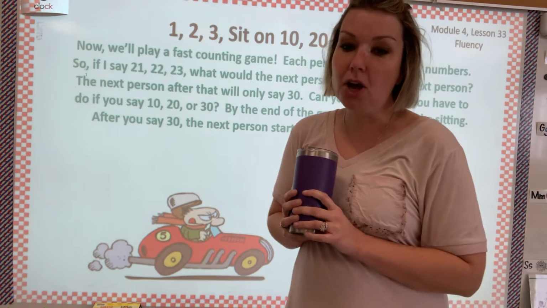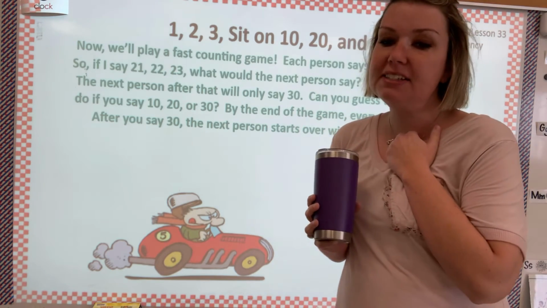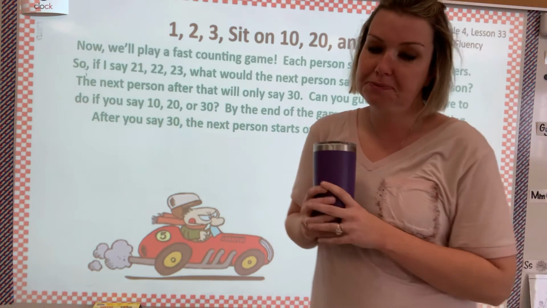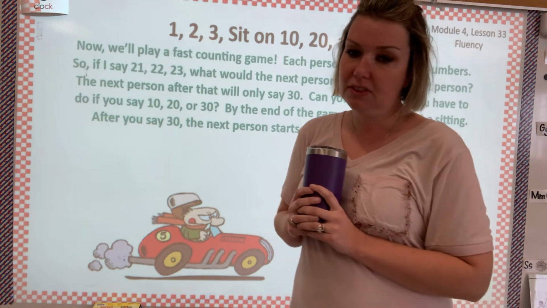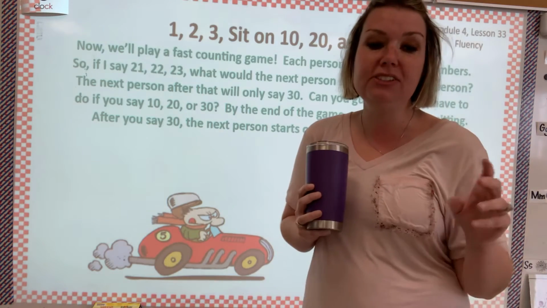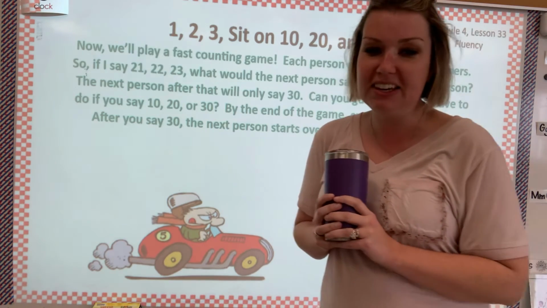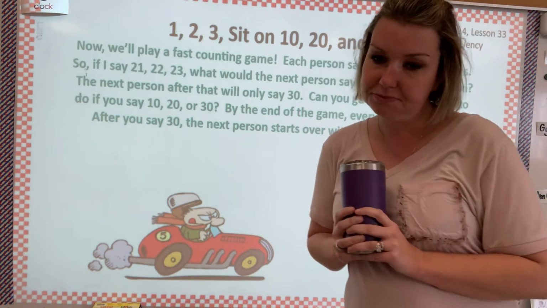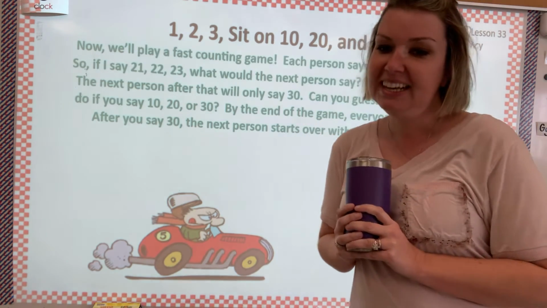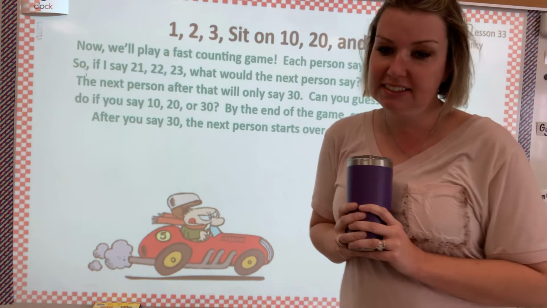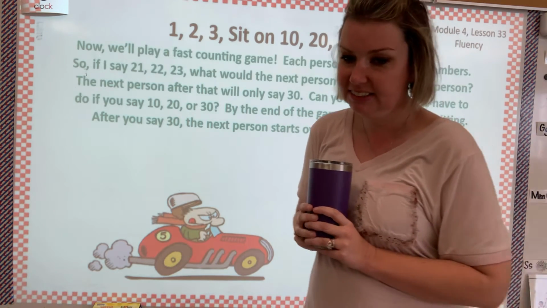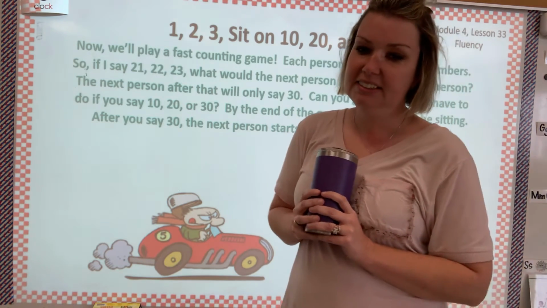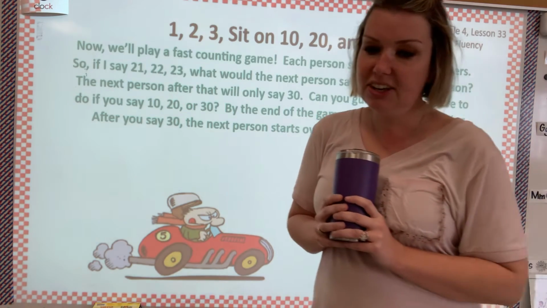Nicole. Oh, you're already sitting, Nicole. Russell, start with 1. 1, 2, 3. Good. Estelle. 4, 5, 6. Good. Smriti. 7, 8, 9. Good.